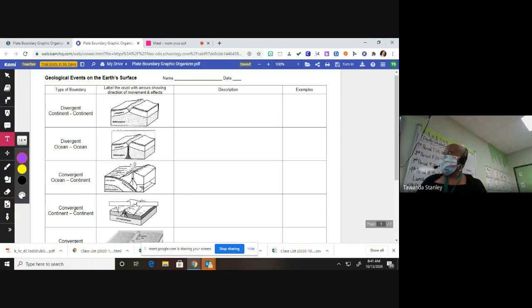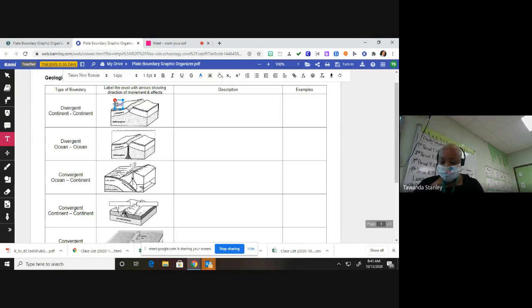With this graphic organizer, you were supposed to list the crust with arrows showing a direction of movement and its effects. The first one we have is divergent, continental, continental. I'm going to write down the type of crust. Because it's divergent and continental, continental, this side over here is going to be continental, and I want you to type that down on your papers.